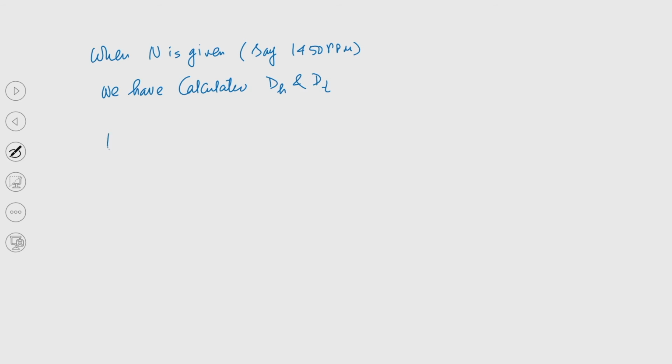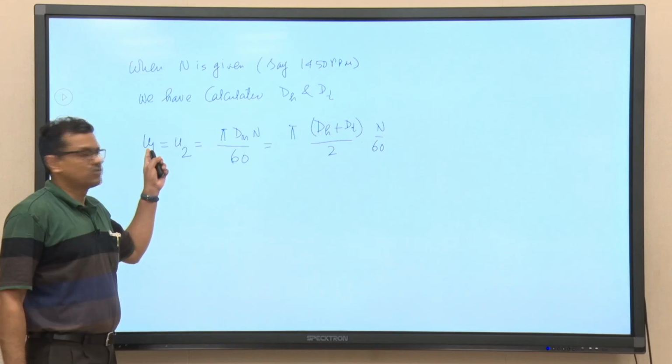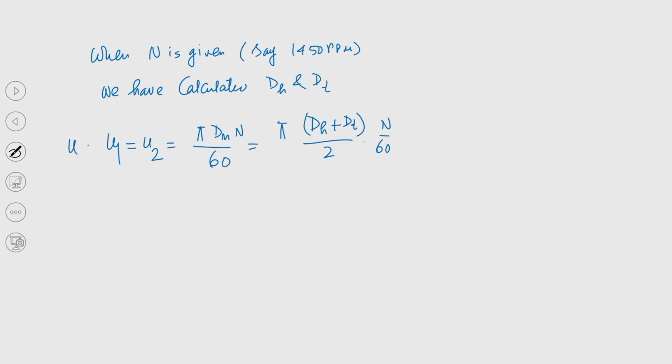Then we can calculate u1 equal to u2 equal to pi dm n by 60, and that is nothing but pi into (dh plus dt) divided by 2 into n by 60. So, our objective is to calculate u1 and u2, and that is nothing but u.